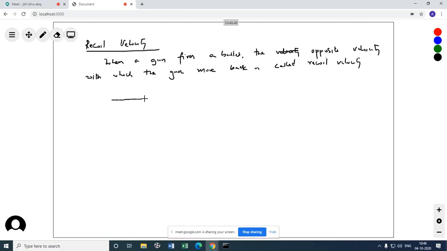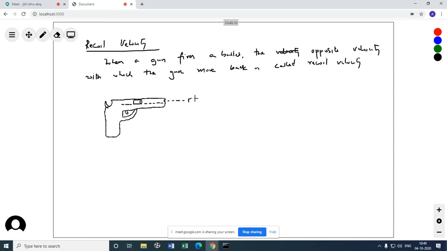So if I give you, this is a gun. Here I have the bullet.